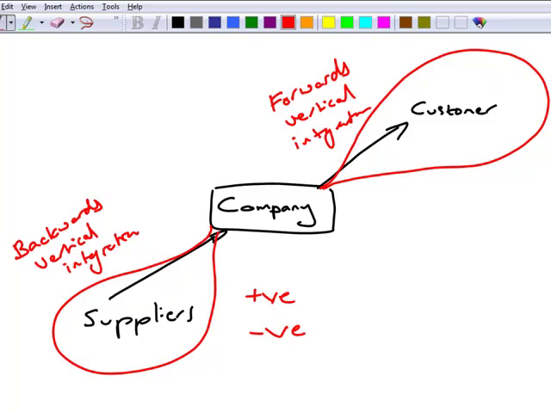Again, why would the company want to do that? Positives would include that it can have a guaranteed customer. It can ensure distribution channels for its products. It can ensure placement of its products. And negatives could be similar to the other ones. Do they have the threshold competencies to be able to run that customer? Do they have the necessary skills?